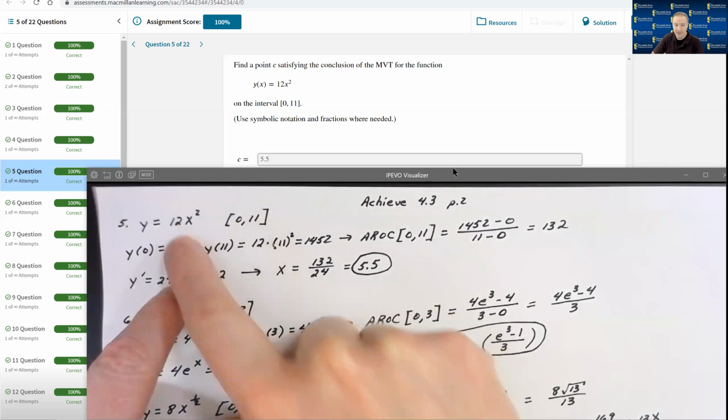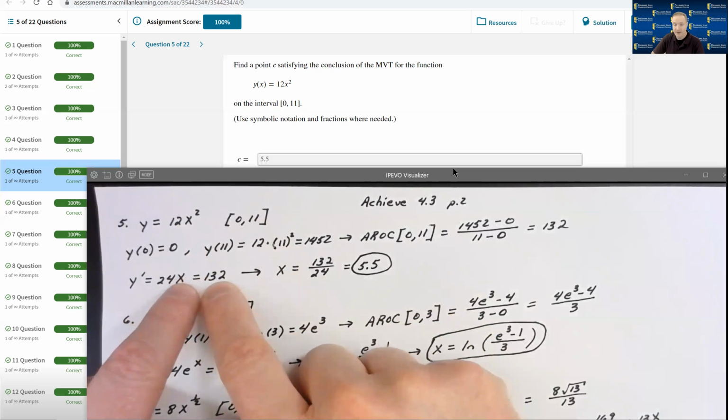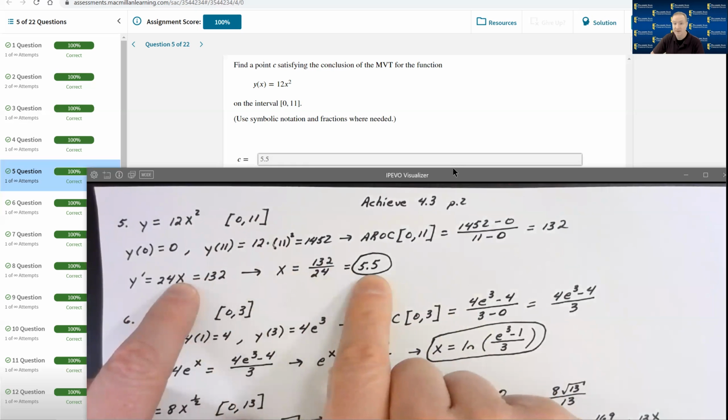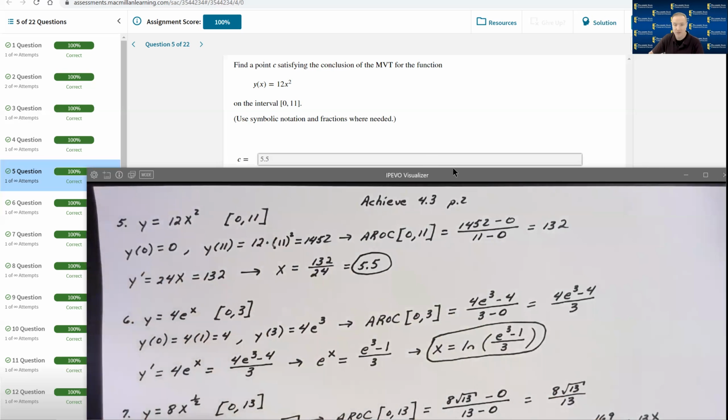I easily take my derivative using the power rule, set that equal to 132, and then we solve for x by dividing by 24 on each side. Well, 132 divided by 24 is 5.5. And you could have left it as a fraction, but since that decimal is an exact decimal, either one's fine. So 5.5, or if you'd have preferred 11 over 2, either one there.